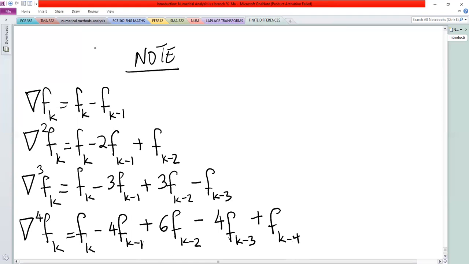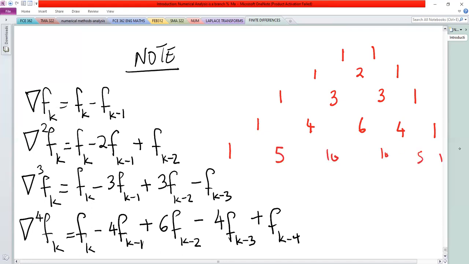If you remember the binomial coefficients of the Pascal triangle, we have 1, 1, 1, 2, 1, 1, 3, 3, 1. So this will be 1, 1 plus 3 is 4, and then 6, 4, 1, then 1, 5, 10, 10, 5, then 1.